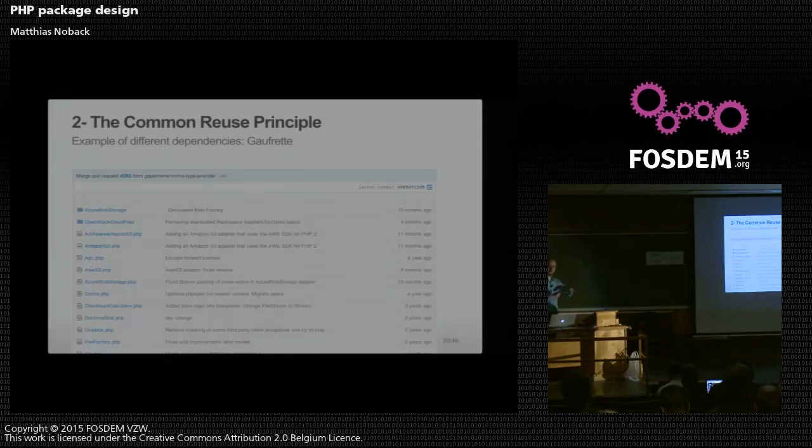It contains all kinds of adapters to work with particular file system storages and to abstract the differences between them away, so that you can just say, I want to store this file on an unknown file system, and then the adapters contain the detailed implementations for that particular file system. But the problem is, of course, that with so many adapters, most users will only pick one and use that in their system. For instance, they will store their files on Dropbox. I'm not sure if that's a good idea, but if you do, then you're probably not going to store files in another place at the same time. So it's very likely that you will only use one of those 20, 30 classes of this package.